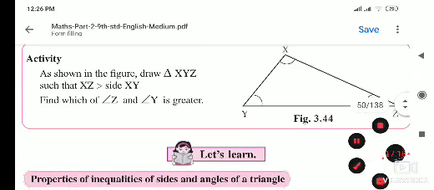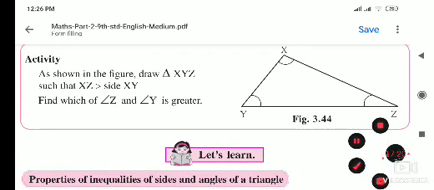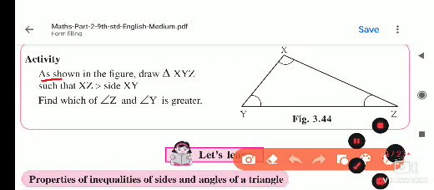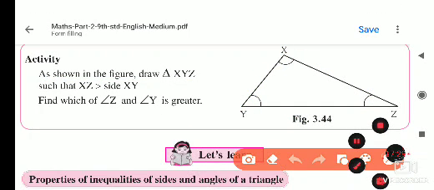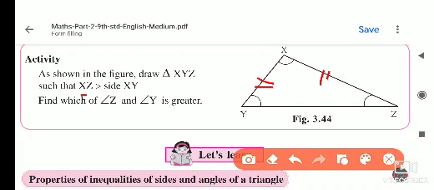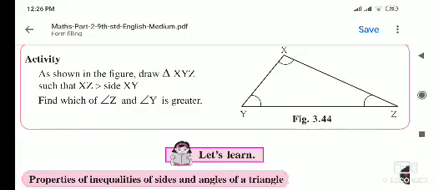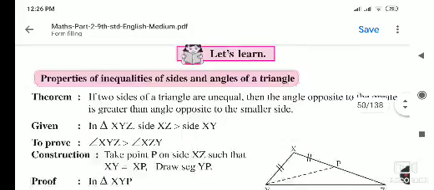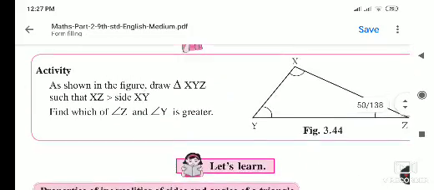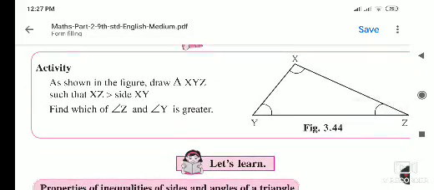Here is one activity given to you. As shown in the figure, draw triangle XYZ such that XZ is greater than XY. And find which angle is greater, angle Z or angle Y. You have to do this activity at home, and tomorrow we will discuss the theorem that the side opposite to the greater angle is greater.